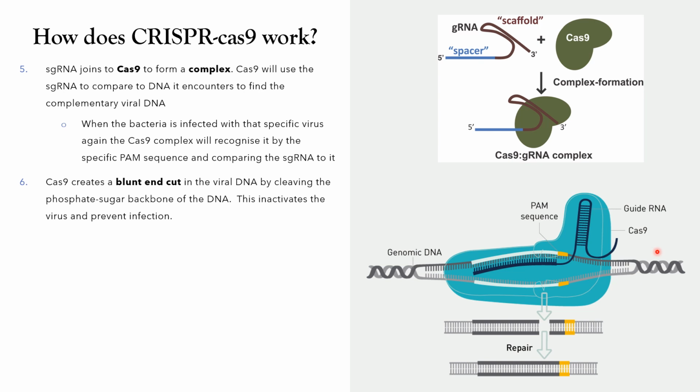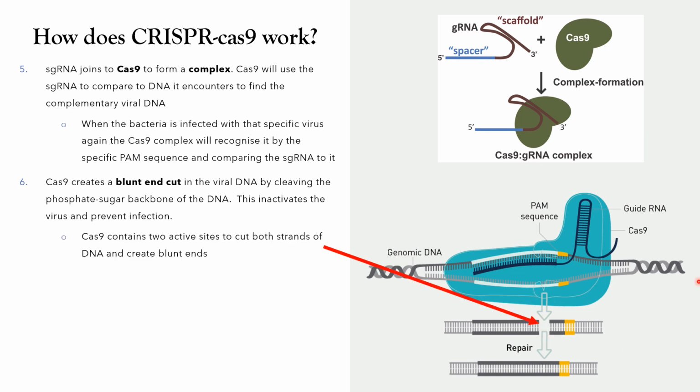Cas9, once it's found those PAM sequences and compared the guide RNA, goes, yes, this is the viral DNA that I've been looking for. It will create a blunt end cut. And so it will cleave the phosphate sugar backbone of the DNA right here.